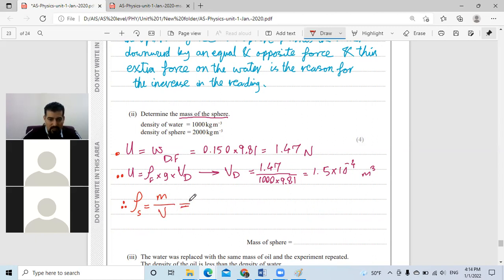By cross multiplication, the mass of the sphere equals the density, which is 2000, multiplied by 1.5 times 10 to the power of negative 4, and the answer will be 0.30 كيلوغرام. شكرا للشباب والصبايا اللي عم ببعثوا لي الأجوبة. شكرا عبد الفتاح، شكرا يا حمزة، شكرا كمان رباح. ف 0.30 kilogram.